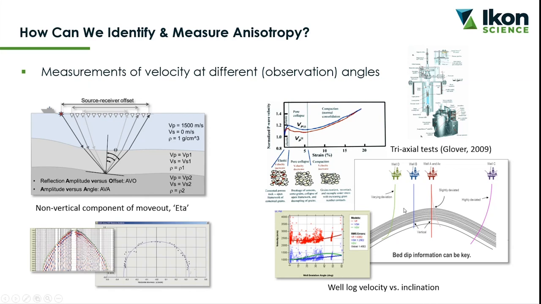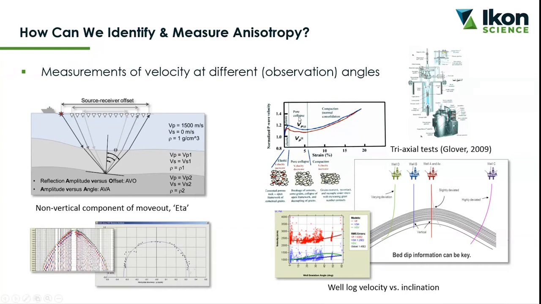So if we have a range of inclination angles through the same formation at the same sorts of depths, then effectively we can use that to fit a function through the data constrained to the anisotropic equations, such that we can estimate epsilon, gamma, and delta directly from the well logs themselves.